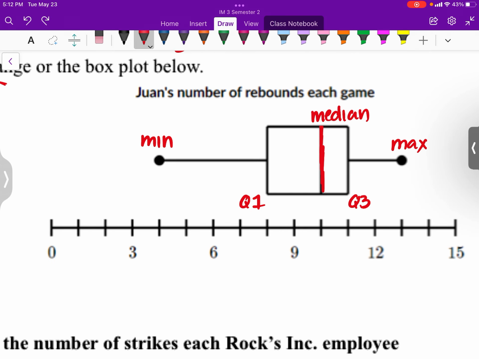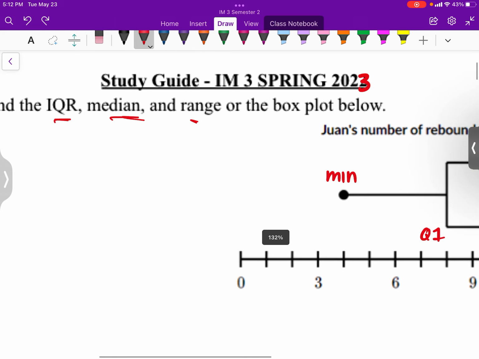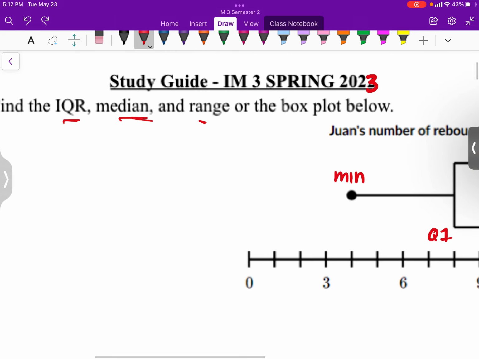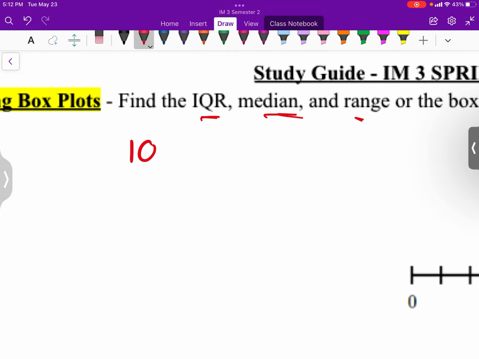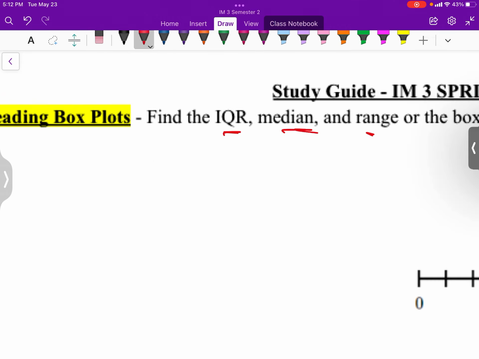In this case, they're asking for a couple things: the IQR, the median, and the range. In order for us to find the IQR, the IQR is Q3 minus Q1.